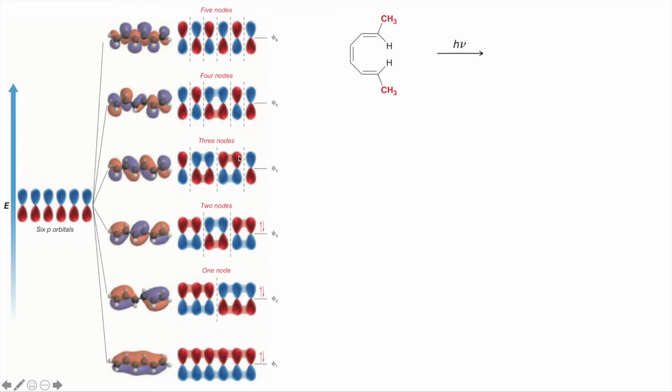The direction of the wave will shift more often. And so we had 2 nodes before. When you irradiate this with light, the electron jumps up to the next higher way of moving. And now you get this new molecular orbital as your highest occupied molecular orbital. It's occupied now because an electron is in it because the light pushed it there. So this is your new highest occupied molecular orbital.